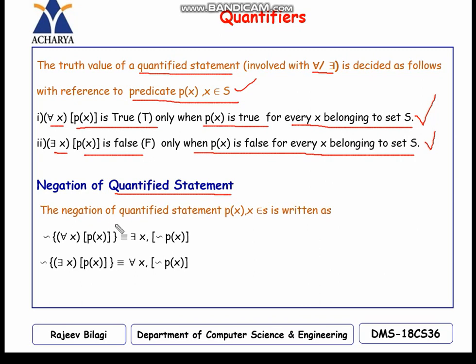The negation of a quantified statement P of x, where x belongs to S, is written as follows. The negation of for all x P of x: for all becomes for some, and the negation comes inside the bracket, that is negation of P of x.